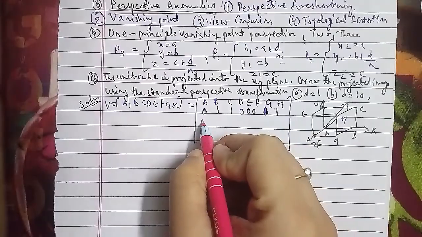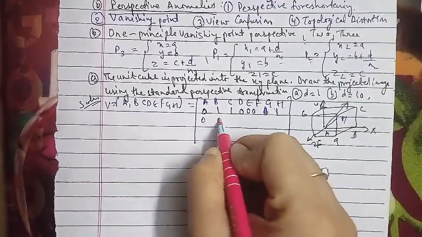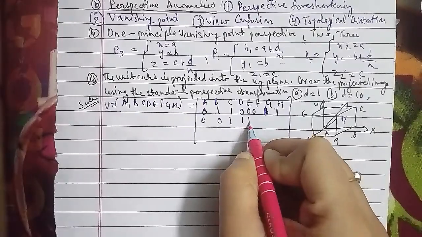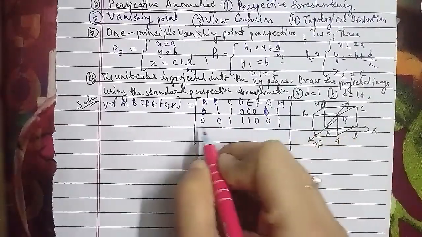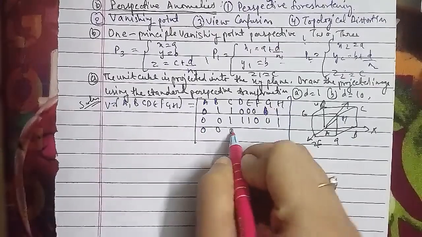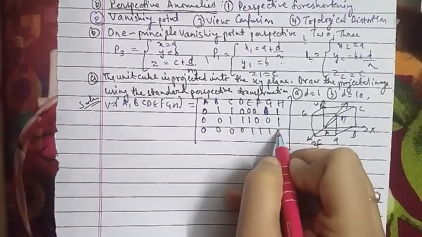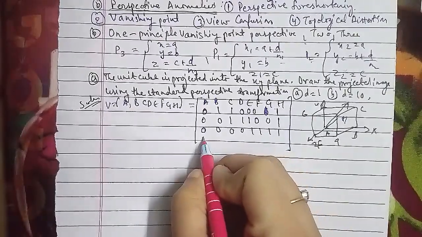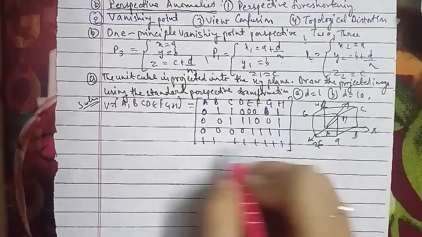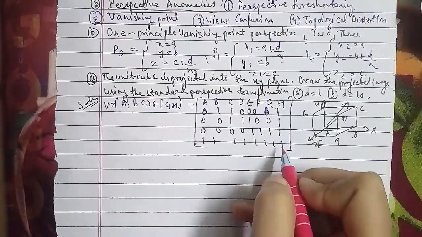The other row is 0 0 1 1 1 0 0 1. The third row is 0 0 0 0 1 1 1 1. The fourth row is 1 1 1 1 1 1 1 1. So that has been represented here.